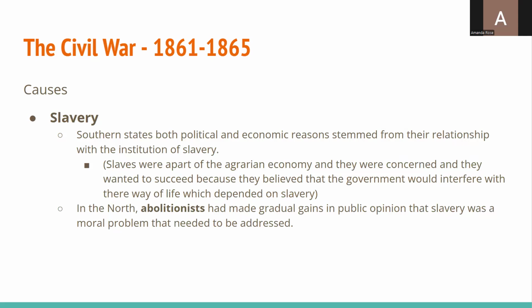So even though we had the Commerce Compromise and it did end international slavery coming to America, it did not stop domestic trade, and domestic trade, unfortunately, flourished. So that's how slavery still continued even with the Commerce Compromise.